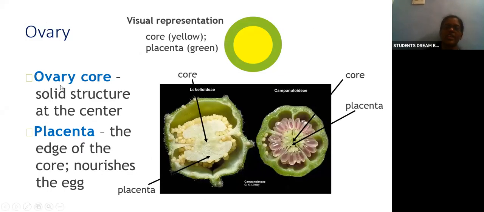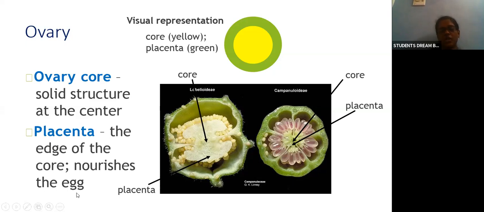Then there is a structure called the ovary core and placenta. The core nale enna, the middlemost, the innermost. So this part is the ovary core. It is the solid structure at the center. And the edge of the core is called the placenta.